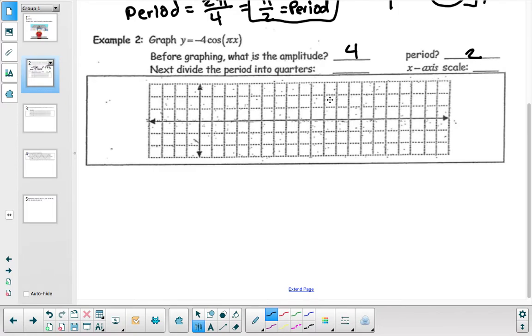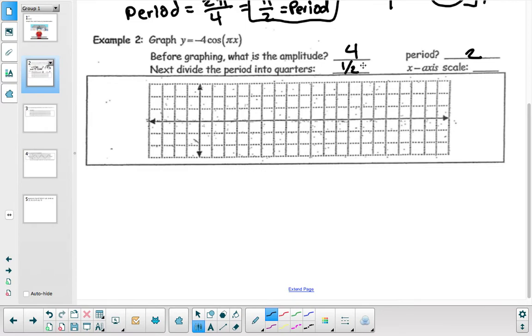I tend to spread mine out a little bit more than this, so you might divide this in half and have divided by 8 and have those be your horizontal units. Since it's already written here, I'm going to do that. It just means you can fit more cycles. But divide your period by 4, and this is a clue as to how you should scale your x-axis.